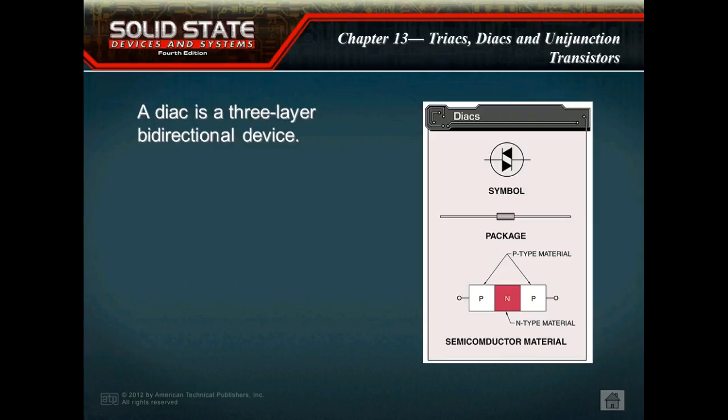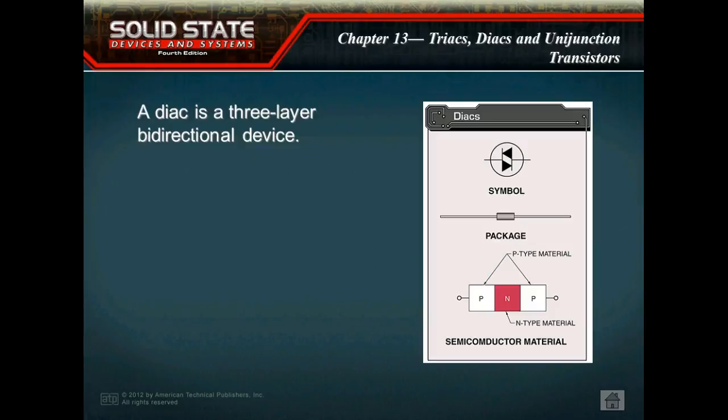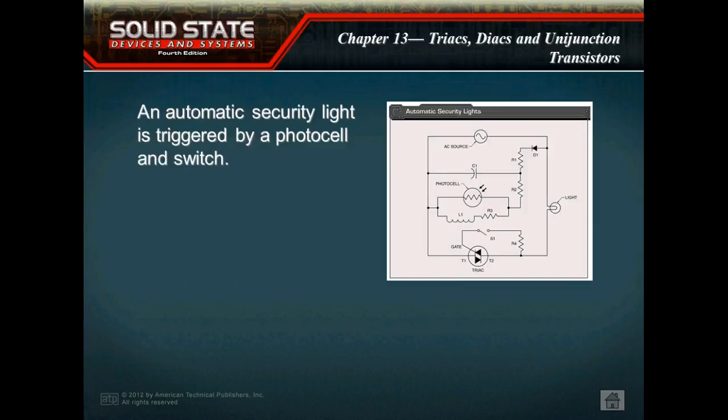You can put it in a circuit either way, but it's designed to go into an AC circuit. I don't even think your book gives you the leads, but this is one of those that don't need a lead identified because it goes in the circuit either way. It's an AC circuit. It breaks over at the same voltage no matter how you put it in there.